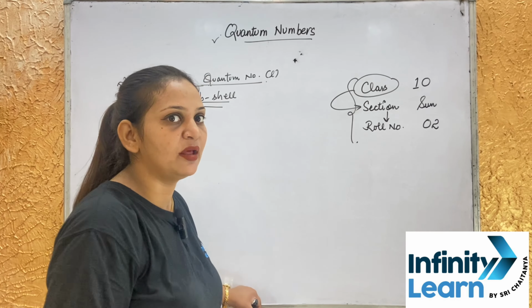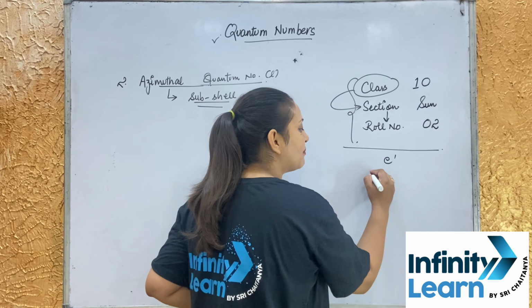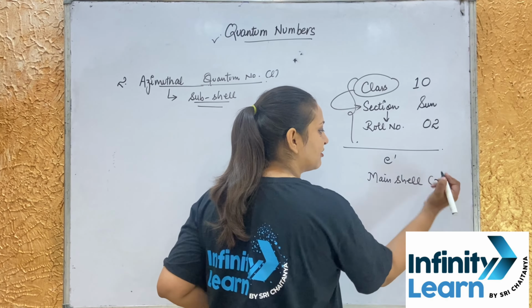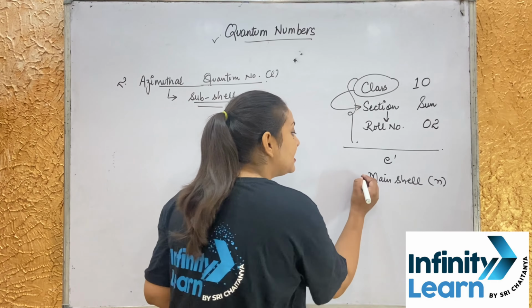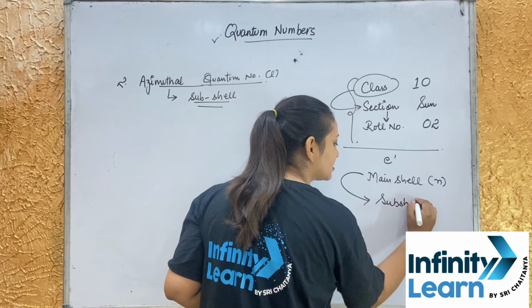In a very similar manner, when we have to locate an electron, we must know the main shell, which is given by principal quantum number n, and within that main shell there are subshells.